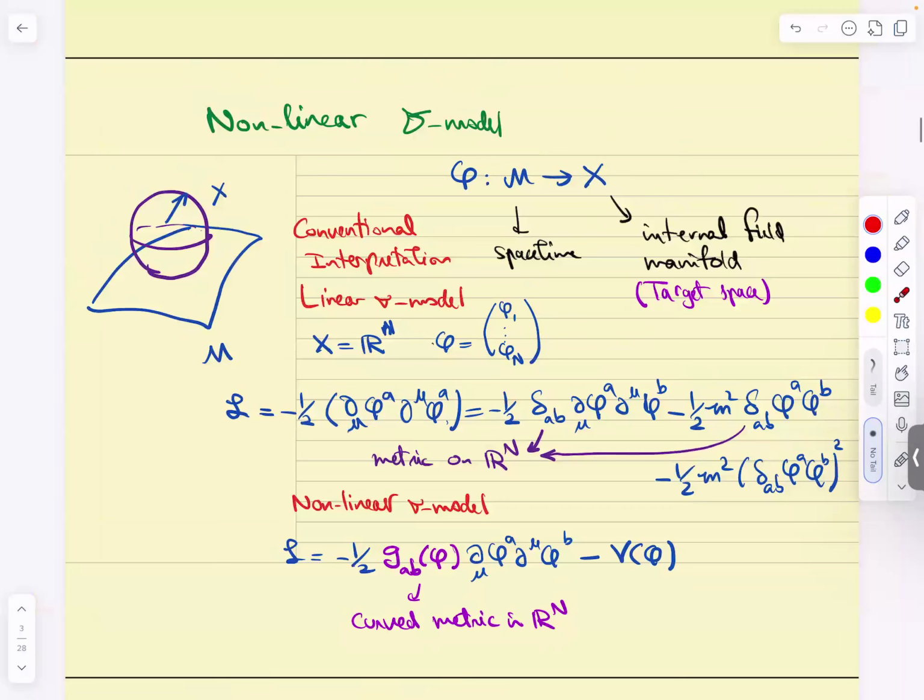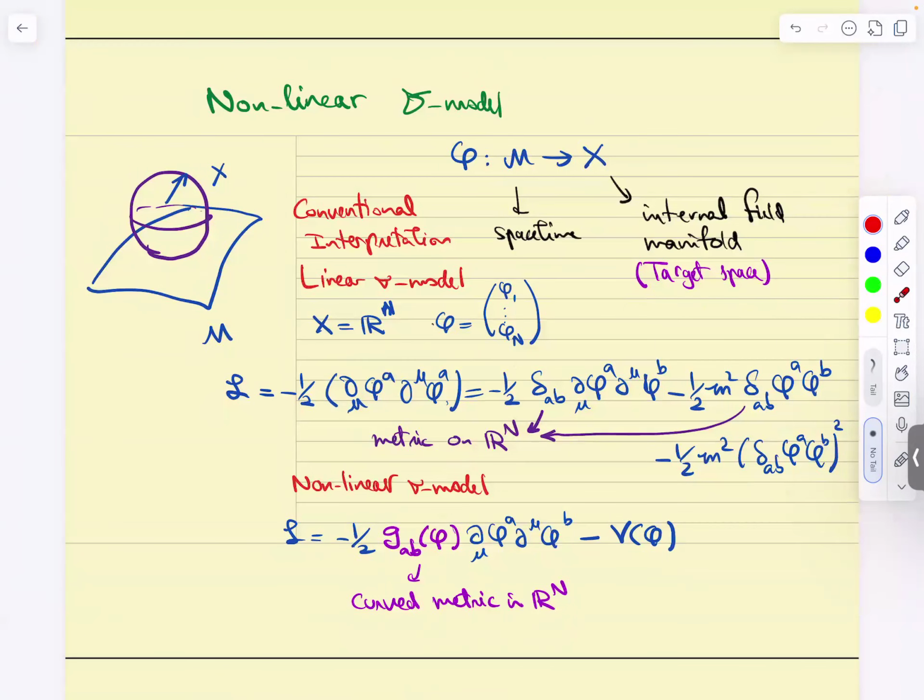Now, what is nonlinear sigma model? The way I presented it might have been misleading. So I just want to make sure that I send the message across clearly. In quantum field theory, you have a map from space-time M, a manifold M, to a manifold X. These are the internal fields. This is the internal field manifold that we also call the target space.